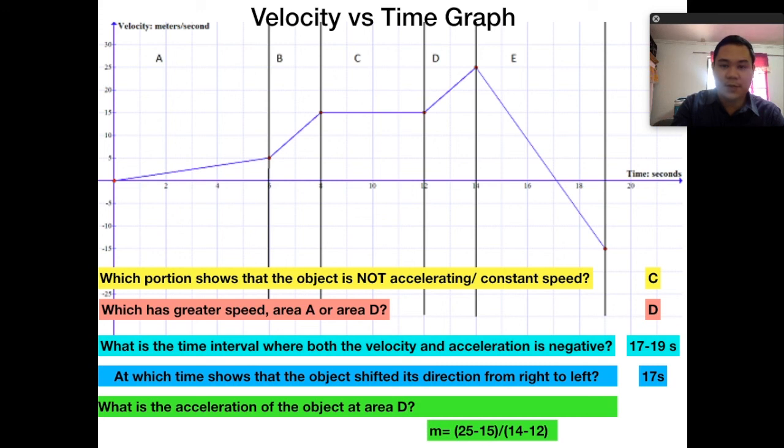So simply we have 25 minus 15, that is y sub 2 minus y sub 1, or velocity final minus velocity initial, divided by 14 minus 12. And therefore, we have 10 divided by 2, and the answer is simply 5 meters per second squared.